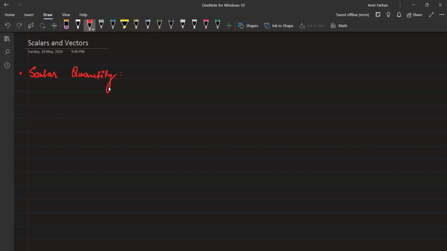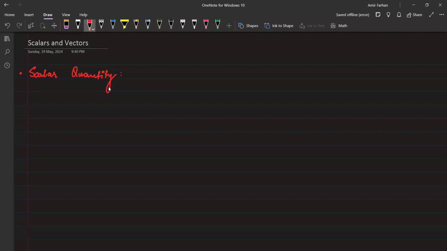This is a part of motion. Actually, this is a later topic, but instead of doing this later, I just wanted to complete your basics first because this is a part of the basic fundamentals. If you want to understand speed, acceleration, velocity, you have to understand scalars and vectors.